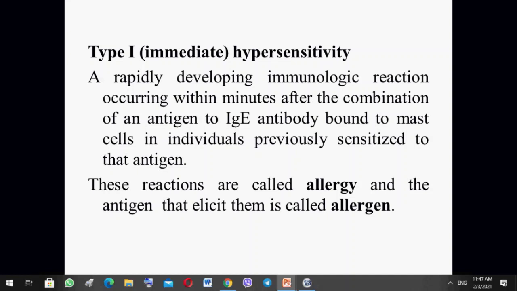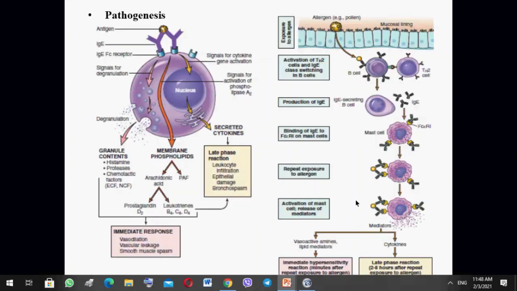Okay, and these antibodies are bound to the mast cells in individuals previously exposed or sensitized to that antigen. These reactions we call allergy, and the antigen that causes these reactions we call allergen, as we will see in this diagram.